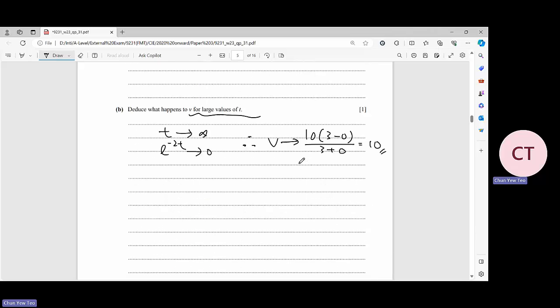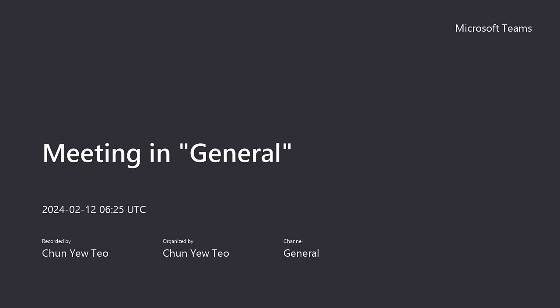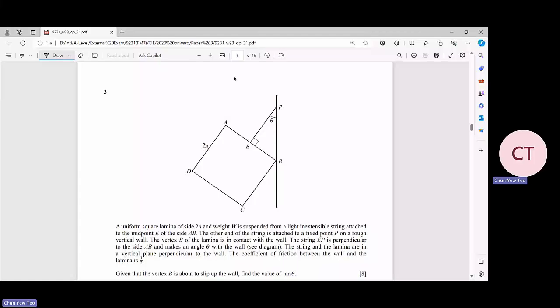Okay, and move on. Question number 3. A uniform square lamina of side 2a and weight W is suspended from a light inextensible string attached to the midpoint E of the side AB.